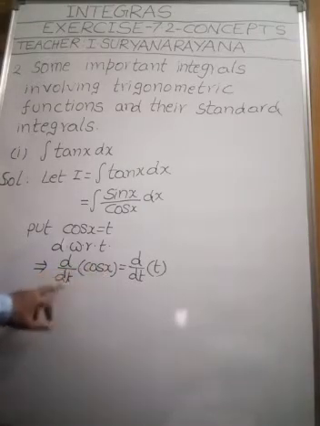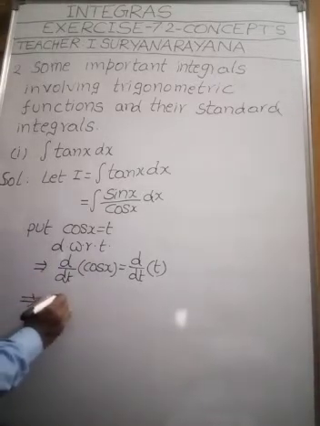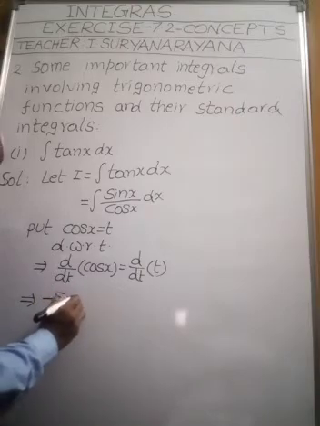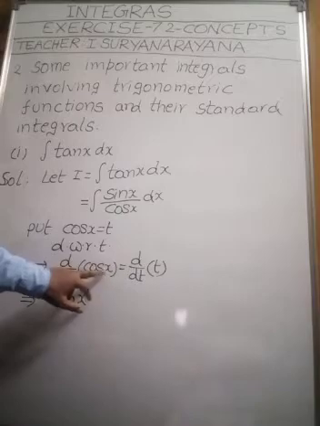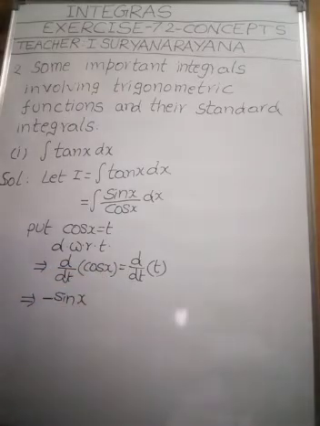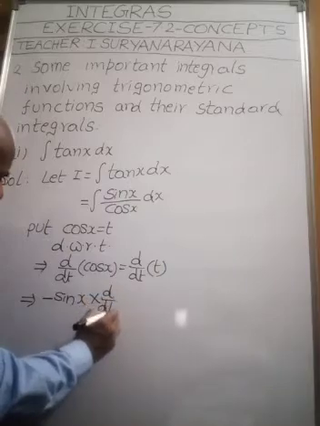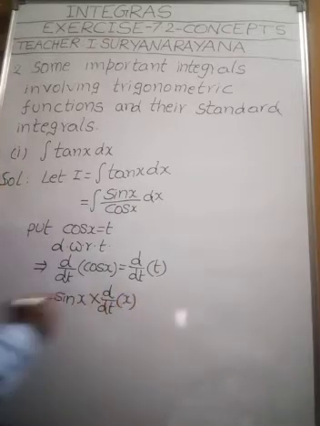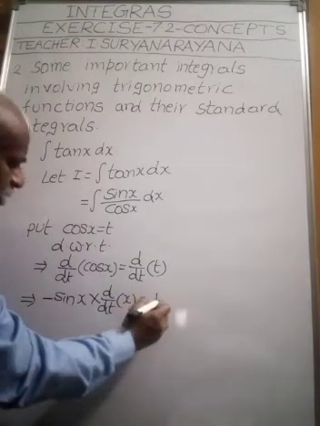Chain rule. You have to assume x in our mind as t. So d by dt of cos t. What is d by dt of cos t? Minus sin t. So minus sin x, because we assumed here x as t. So again we write that into d by dt of x. Chain rule. Understood this part, my children? Right. Is equal to d by dt of t.